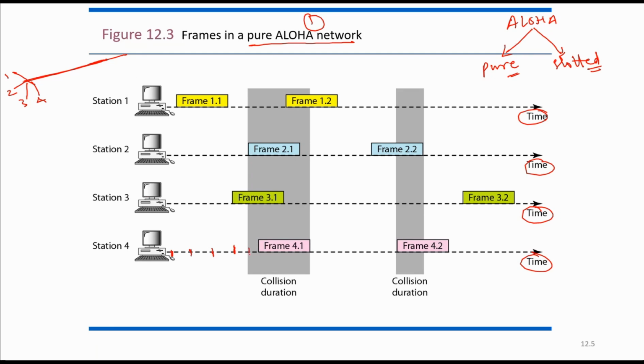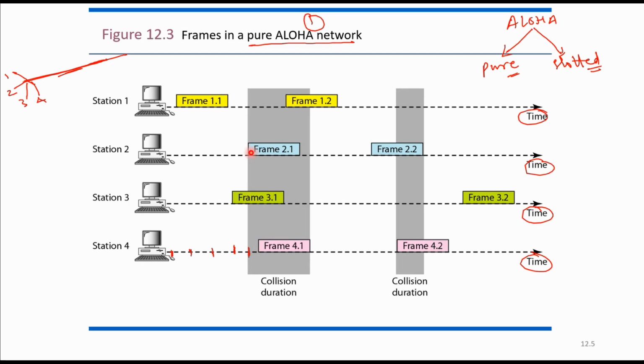But at this time there is a frame from 3 and a frame from 2 also, and that means at this point there is a collision taking place, because through the same channel both station 2 as well as station 3 are transmitting.